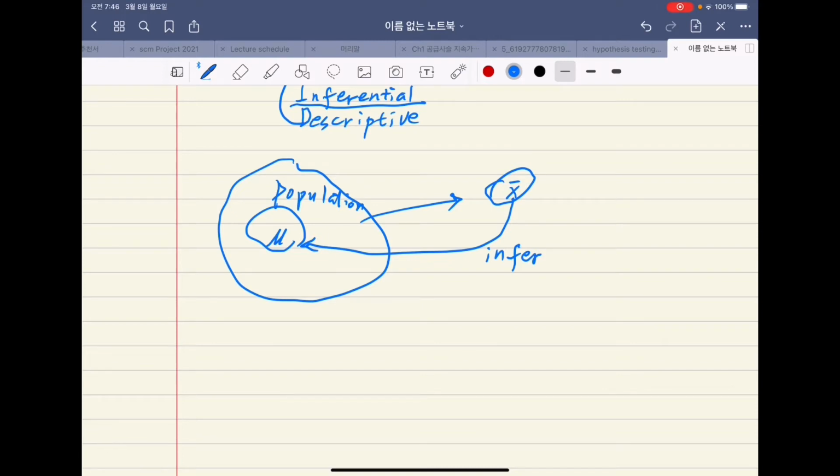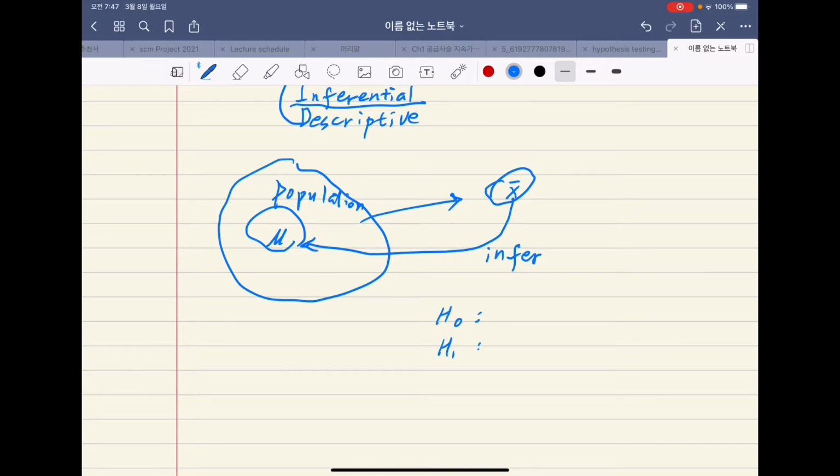So when you do this, you usually set up a hypothesis about the population parameter. We'll talk about this one today. Usually the hypothesis comes in pairs. One is called the null hypothesis, and the other one is called the alternative hypothesis.